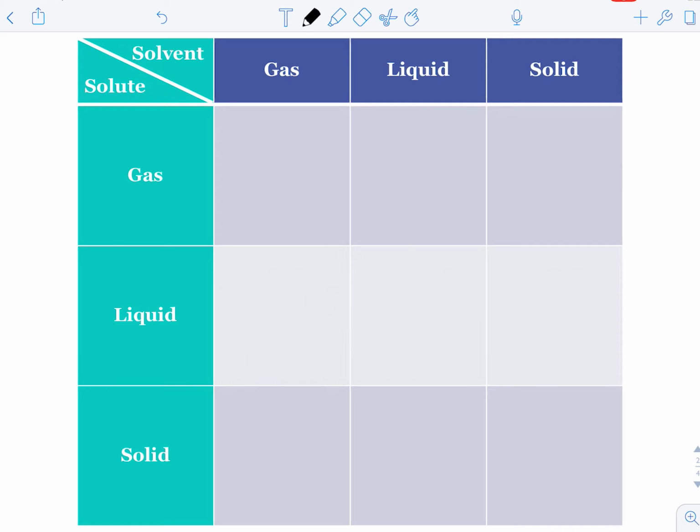If our solvent is a gas, the only option we have for a solute in a solution is a gas. So this is going to be like the air that we breathe or the air in a diver's tank.